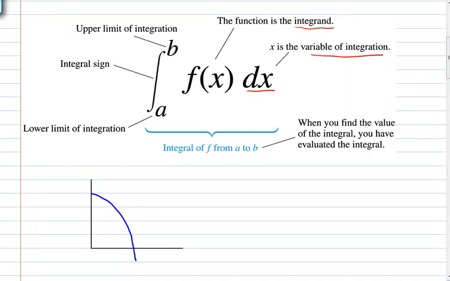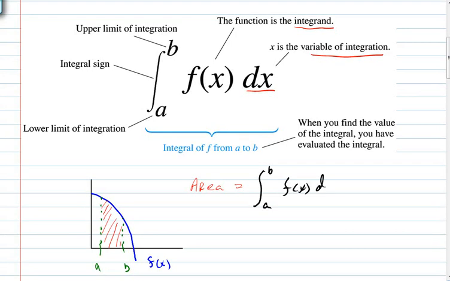And I wanted to find the area from A to B. Well, once I find this integral of this function, f of x, I've found the area from A to B. So we're looking at this area right here. And we would say that that area is equal to the integral from A to B of f of x dx. That's what an integral represents.